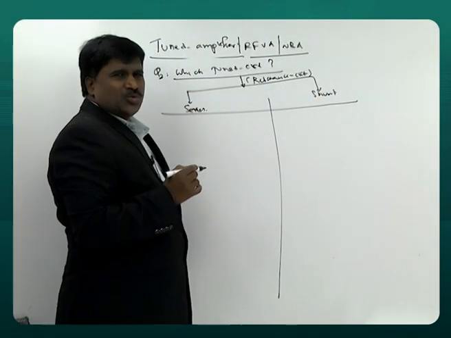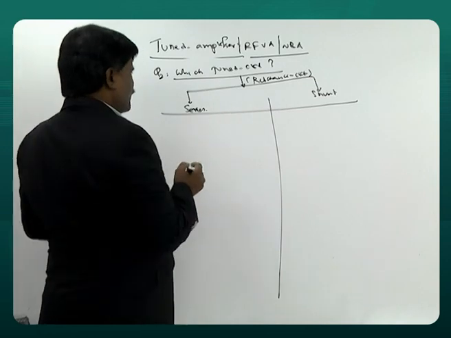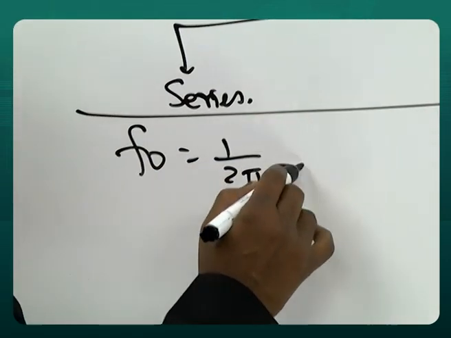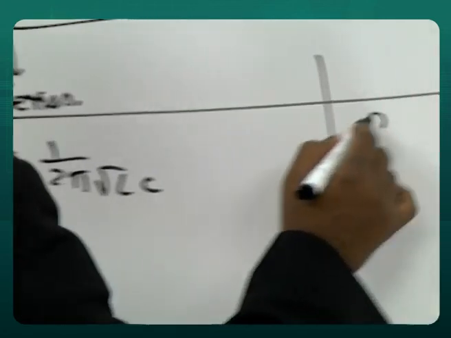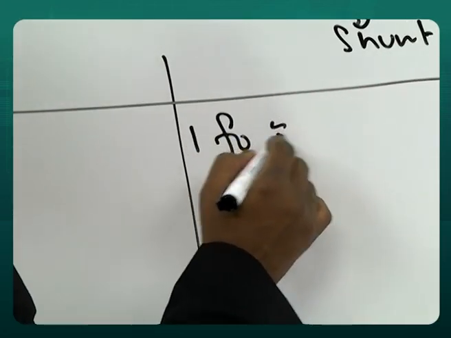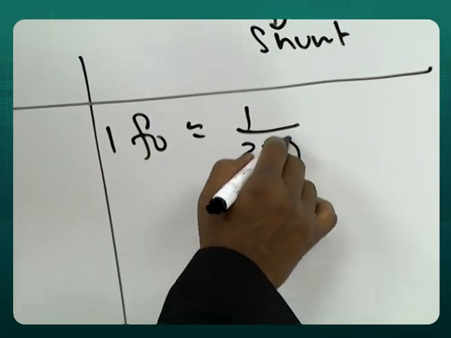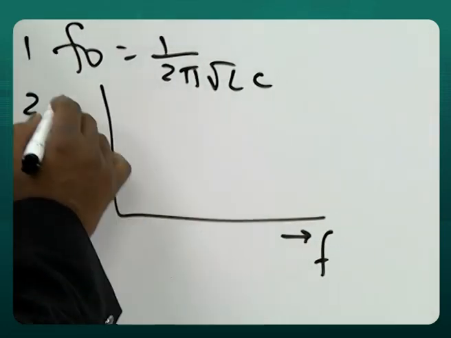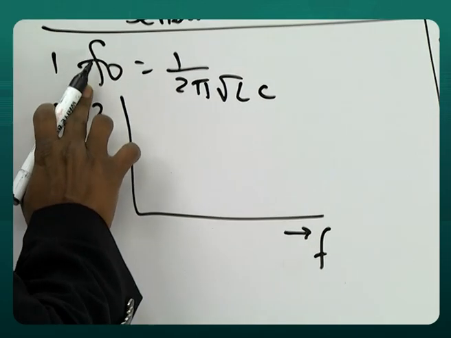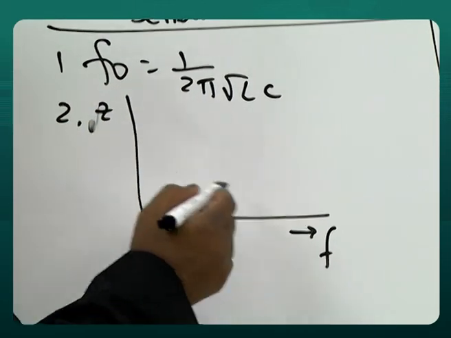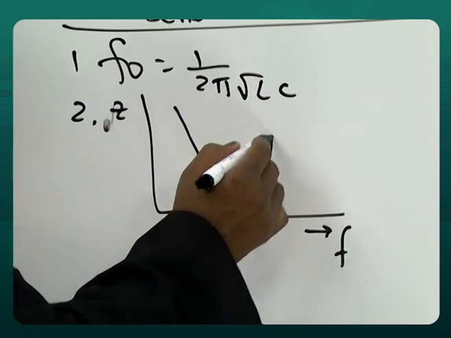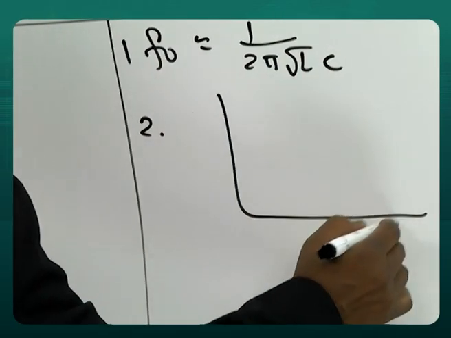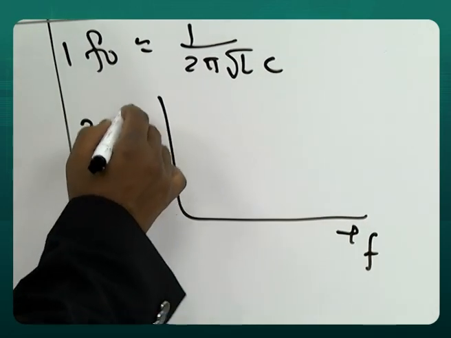Let me tell you 2-3 points about it. The frequency is 1 by 2 pi root LC. This frequency is also approximately 1 by 2 pi root LC. Z versus frequency is like this. Z versus frequency is like this.